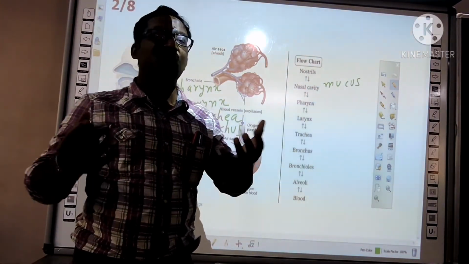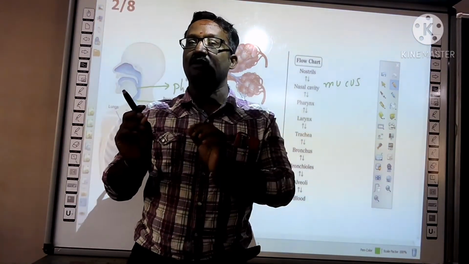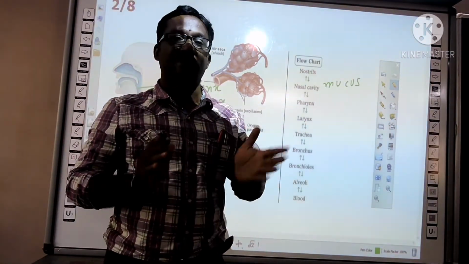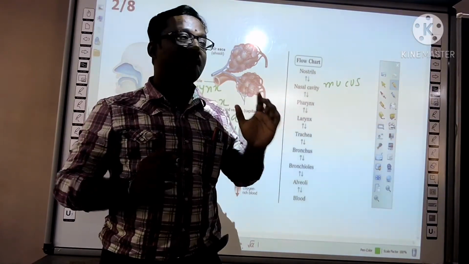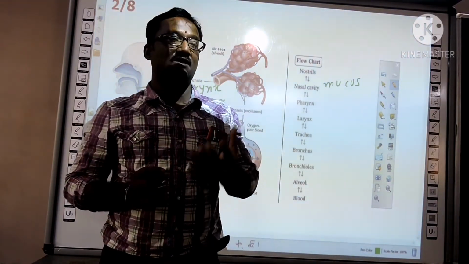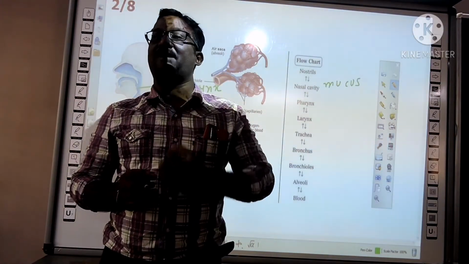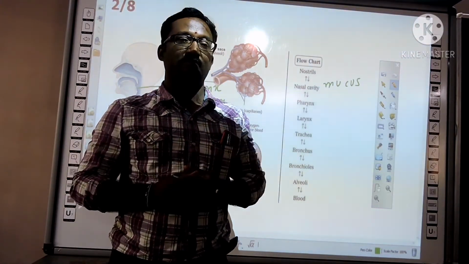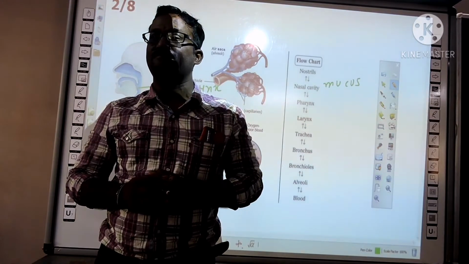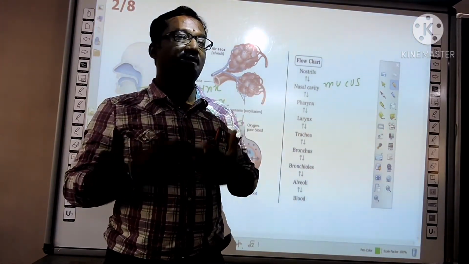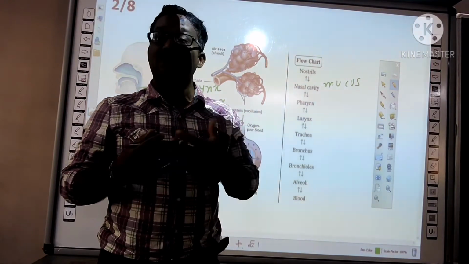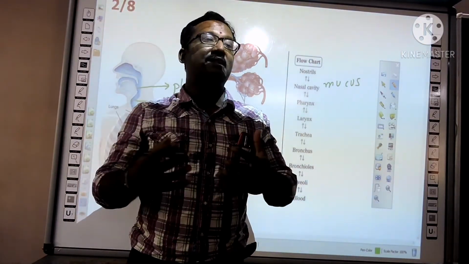That means the air we breathe in has some unwanted dirt particles that should be filtered. The small hair-like structures and mucus grab those particles and filter them. Another thing is that the air temperature that we breathe in is brought to the body temperature.